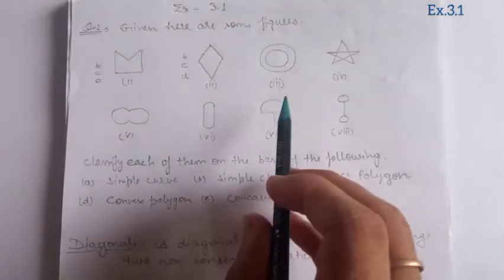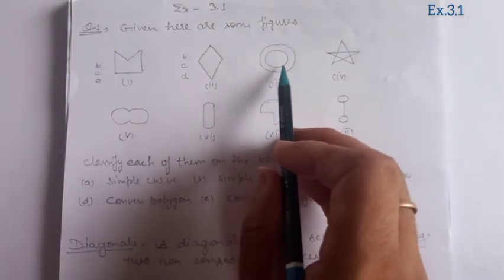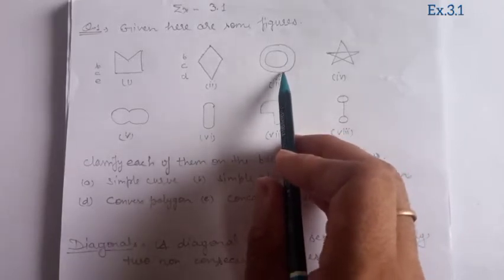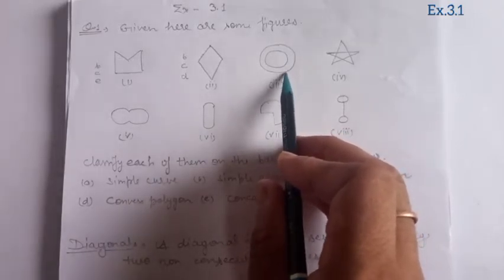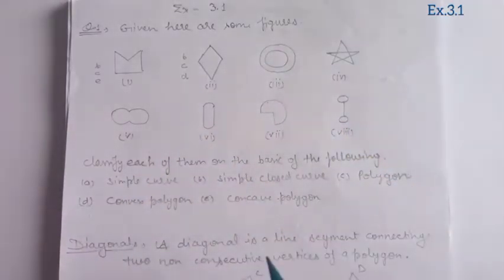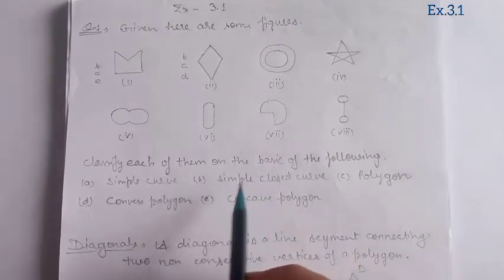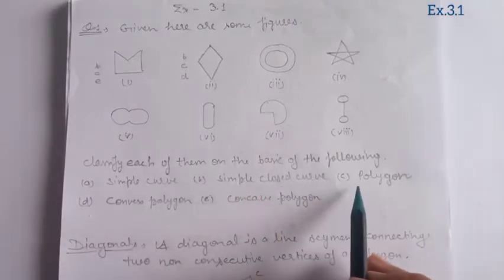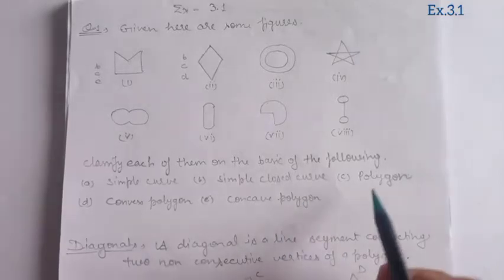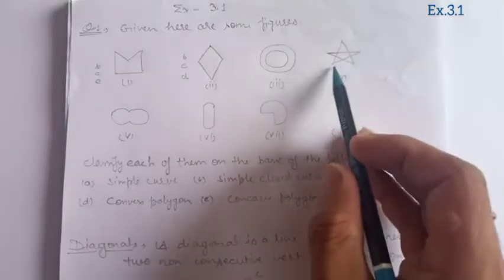Let's come to the third shape. Here you can see two circles, one inside and one outside. But here the tip of the pencil is not regular to draw this shape. It is not a simple closed curve, not a polygon, not convex and not concave polygon. Similarly in the fourth, you can see this shape is intersecting many times.